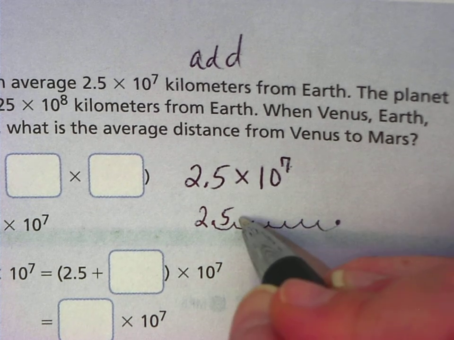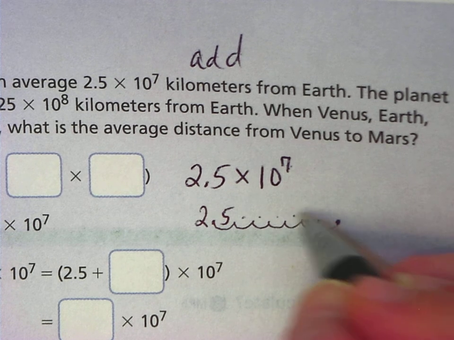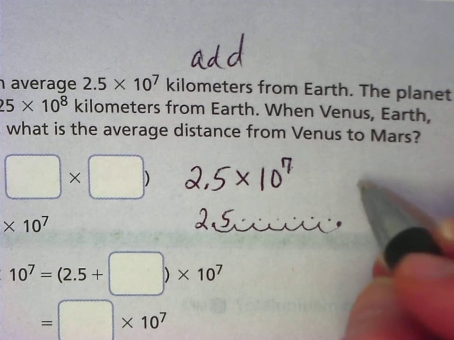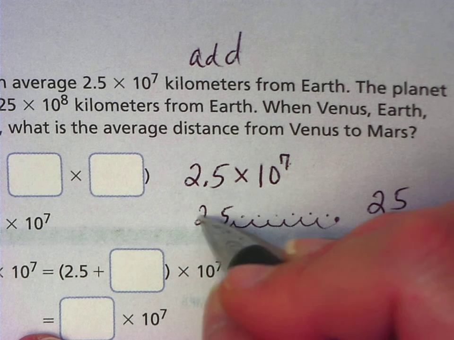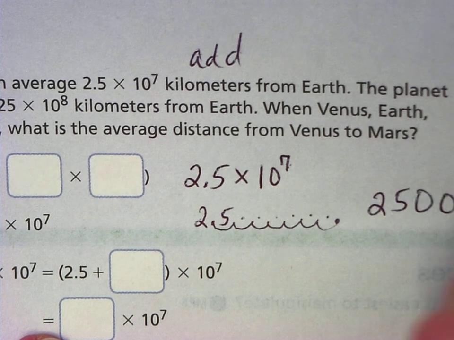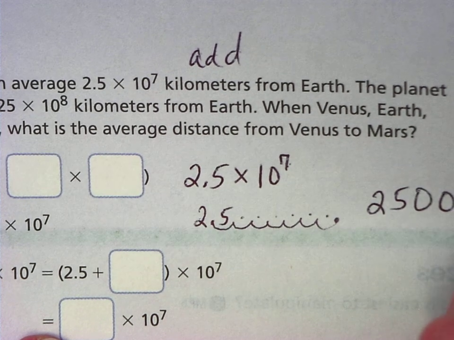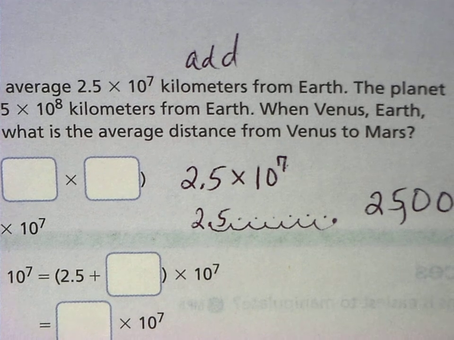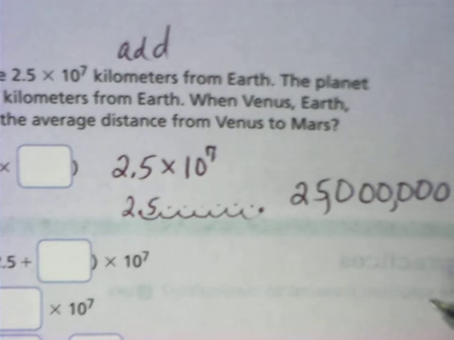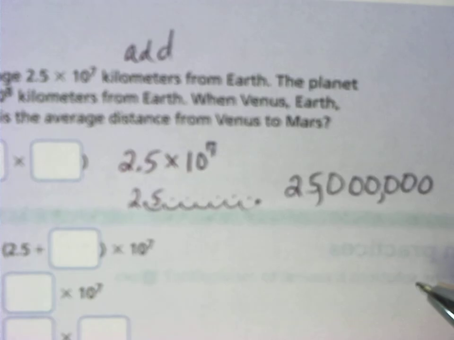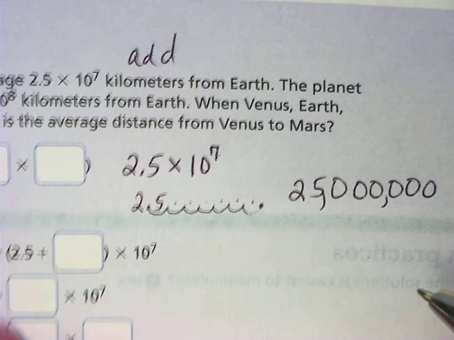And so then I need to add 1, 2, 3, 4, 5, 6 zeros at the end of this number. So 2, 5, and then 6 zeros. 1, 2, 3, 4, 5, 6. So 25 million.